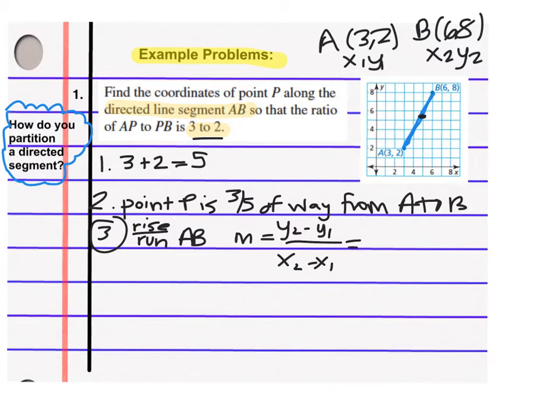So let's plug those in. y2 is 8 minus y1 is 2, so 8 minus 2, I get 6. On the bottom, x2 is 6 minus x1 is 3, 6 minus 3, I get 3. So my rise over run is 6/3.